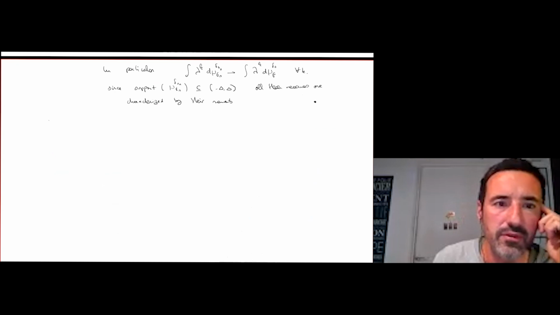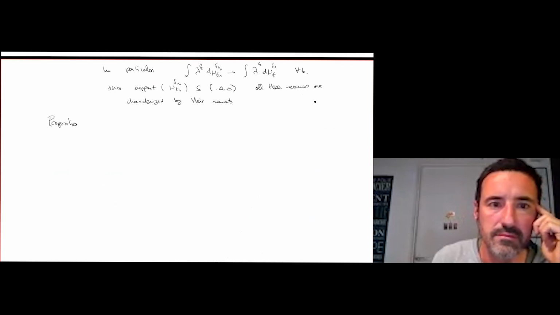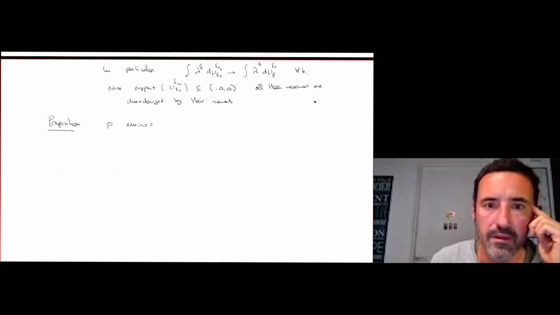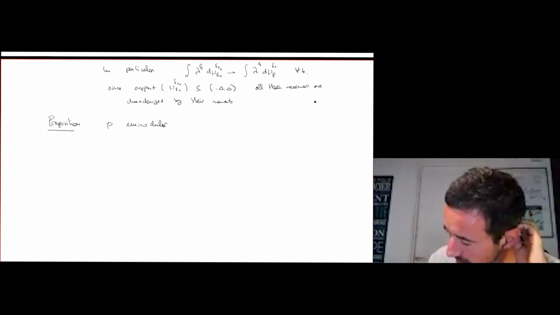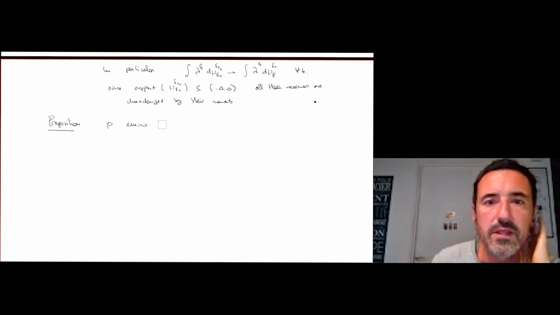So what I will do is prove an easier version of the theorem. I will prove the following proposition. Let ρ be unimodular, and let's say that it is sofic.